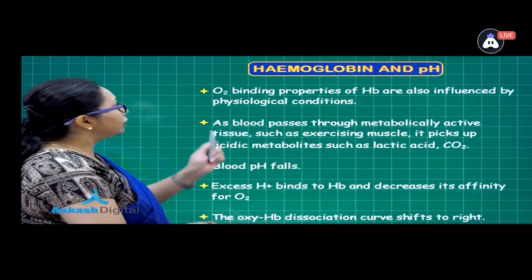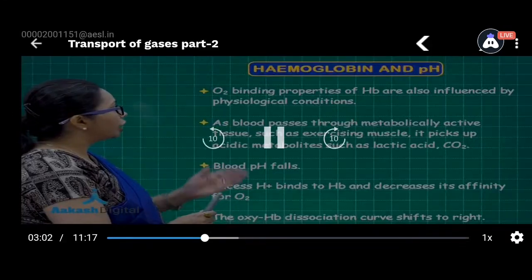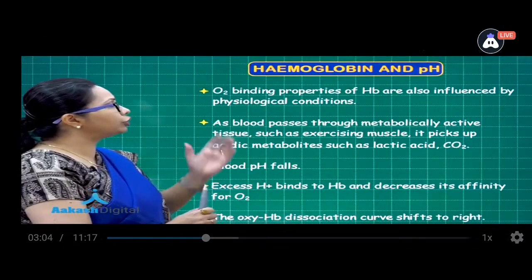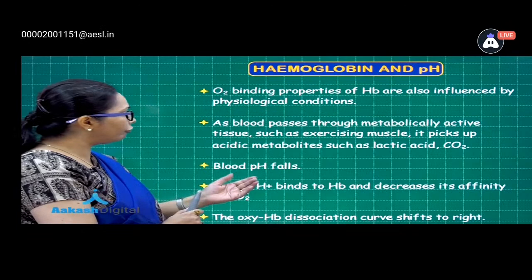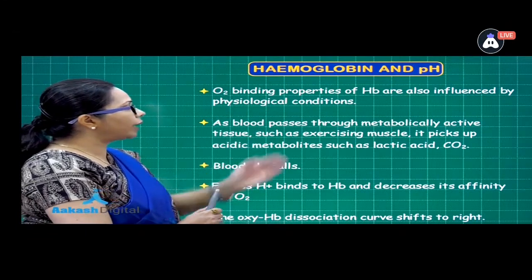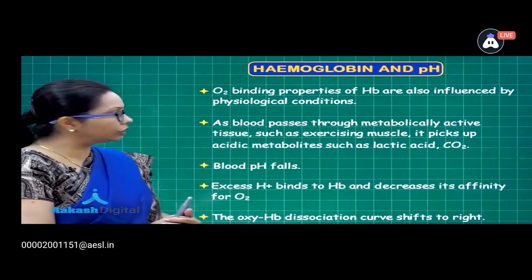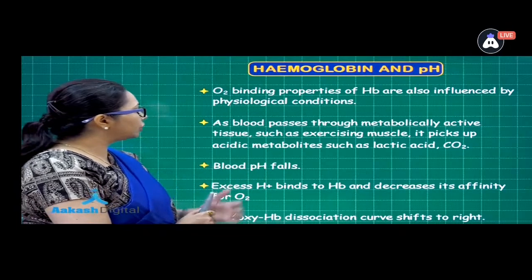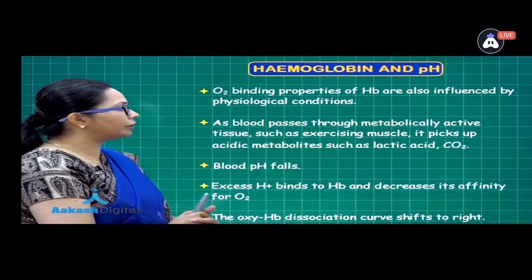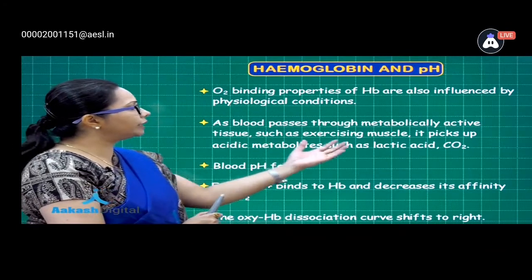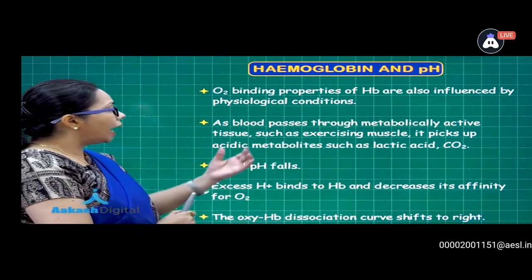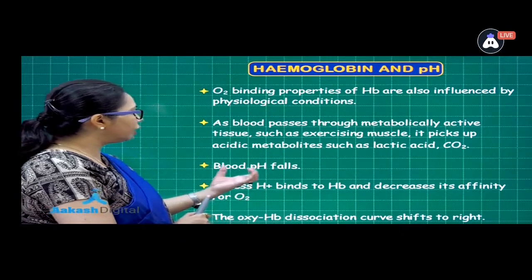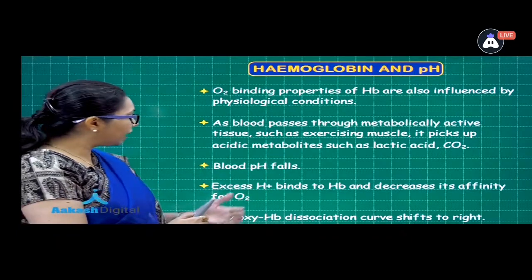Now another factor, that is pH. O2 binding properties of hemoglobin are also influenced by the level of pH. As the blood passes through more active tissues like exercising muscle, it picks up acidic metabolites. Acidic metabolites like lactic acid are being formed, more carbon dioxide is formed, and these being acidic, the blood pH falls.